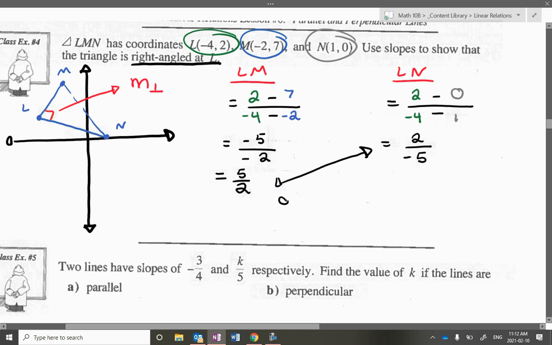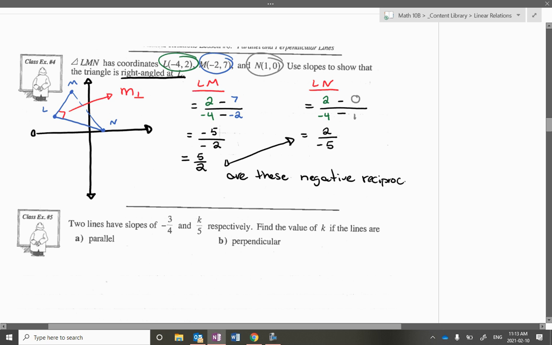Are these negative reciprocals? Yes. So what's that mean? Good. So that means they're perpendicular. So therefore, it's a right triangle.